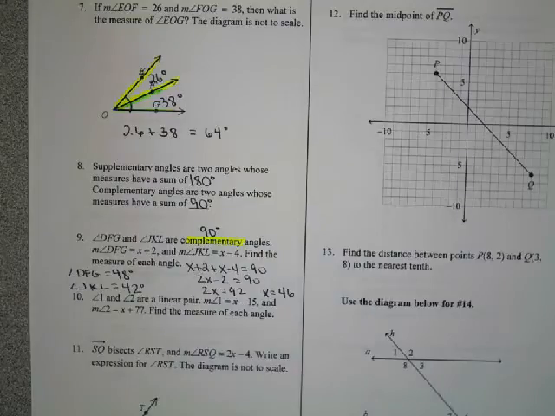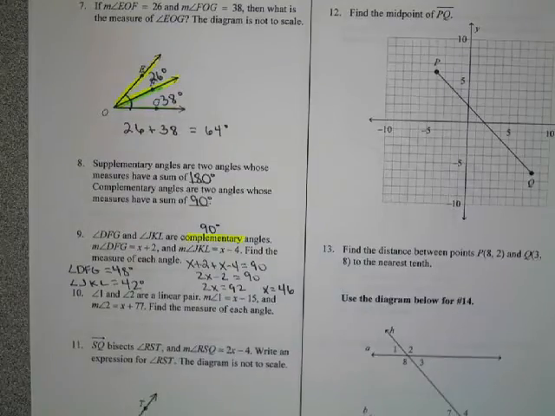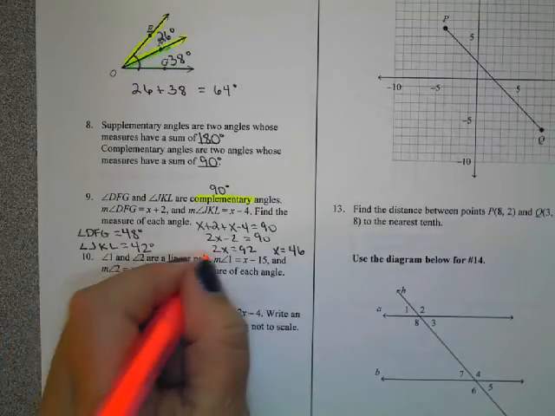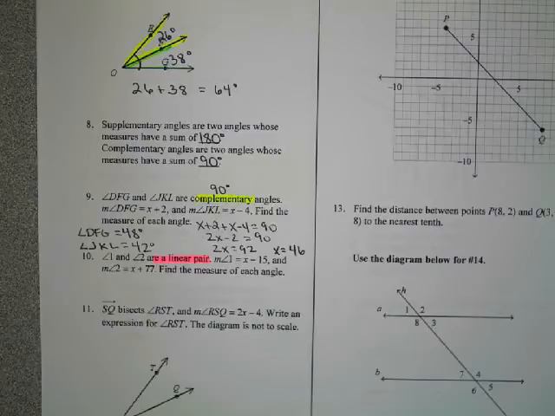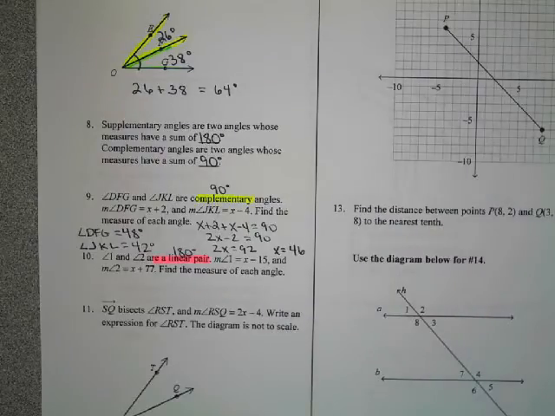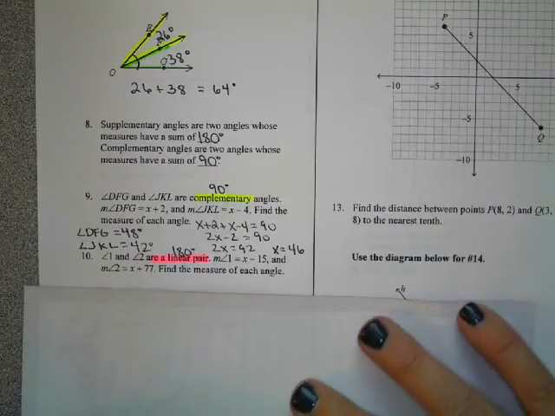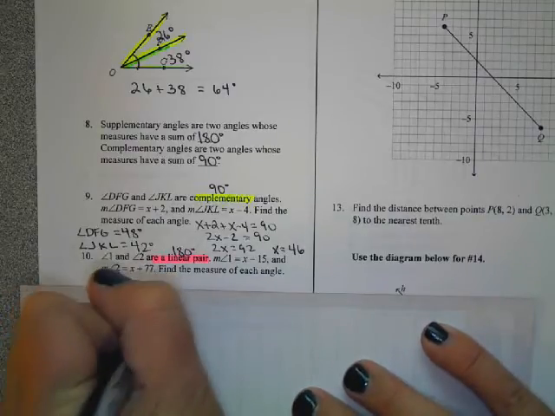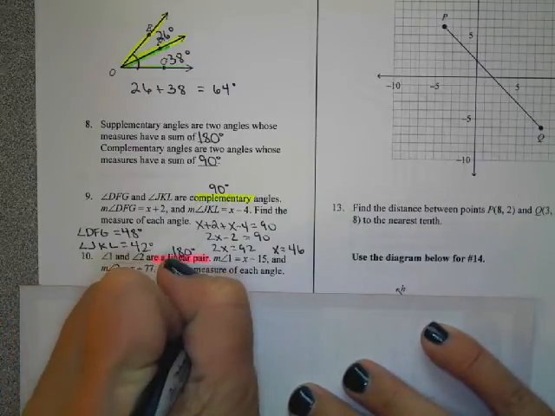And finally, question 10. Linear pairs. Remember, linear pairs are supplementary. So linear pairs equal 180 degrees. So x minus 15 plus x plus 77 equals 180.